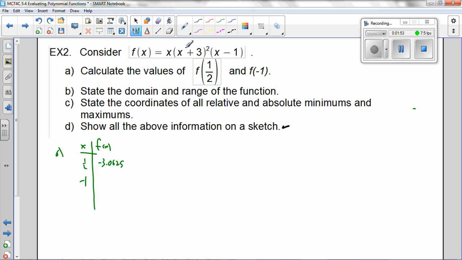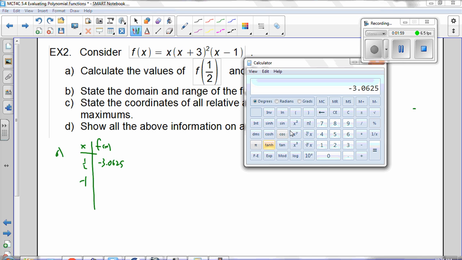And again, I could probably do this in my head, but if I use my calculator, watch your negatives. Should be in brackets still. Some calculators, like I think this one, I got to make it negative after. Times bracket negative 1 plus 3.